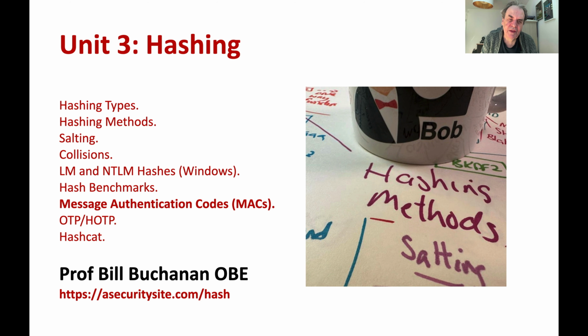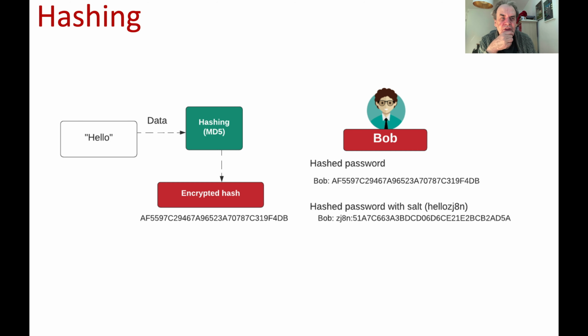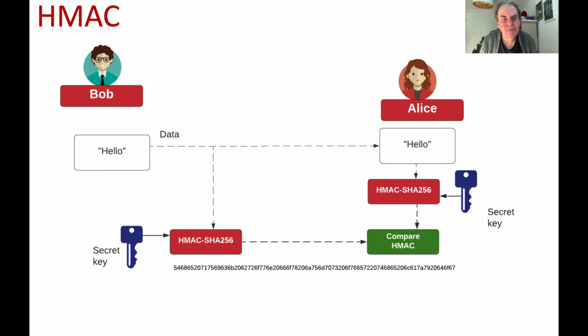Okay, so another area where we use hashing methods is within our message authentication codes. Here is our normal hash. We take an MD5 and add in some salt to create our hash value.